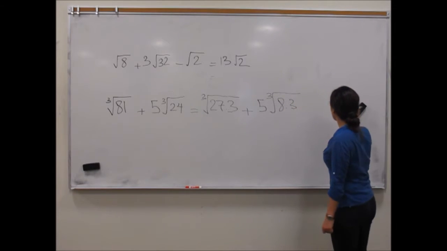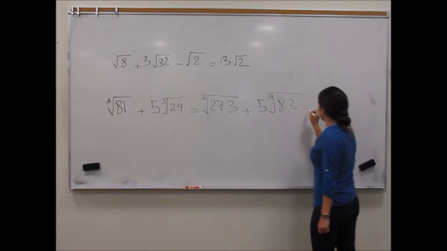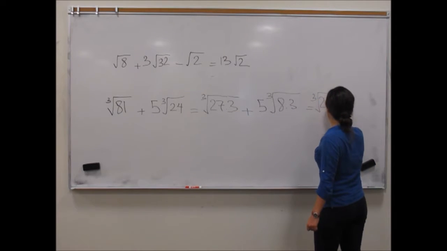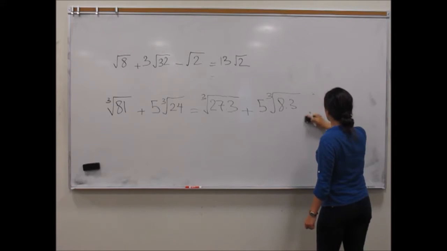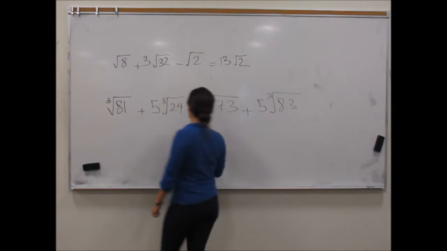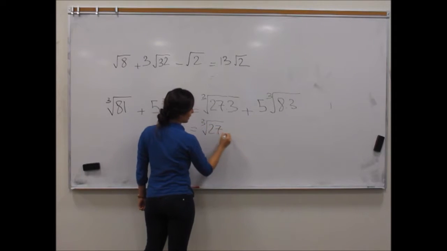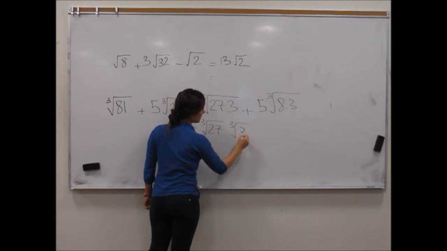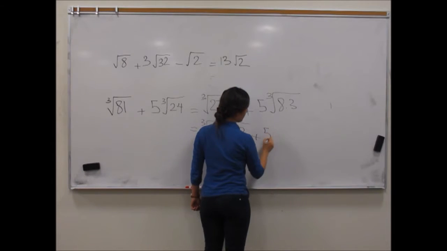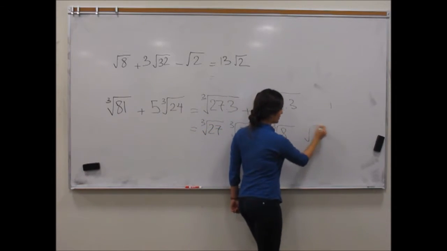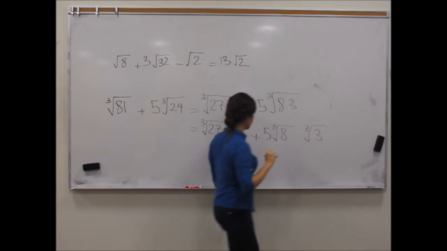And then I can break down the radicals. So I would have cube root of 27 times cube root of 3 plus 5 times cube root of 8 times cube root of 3.